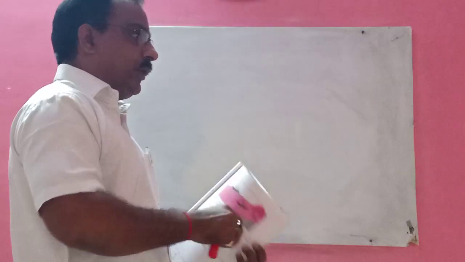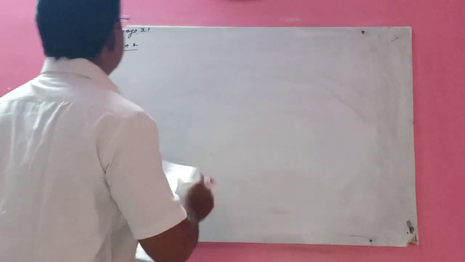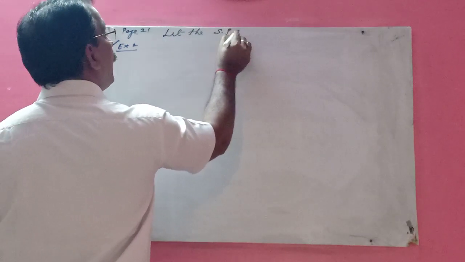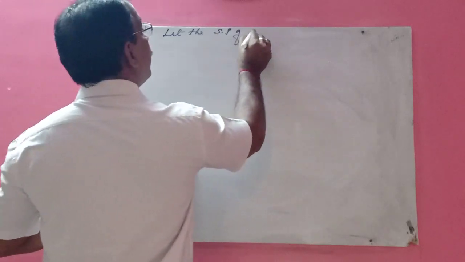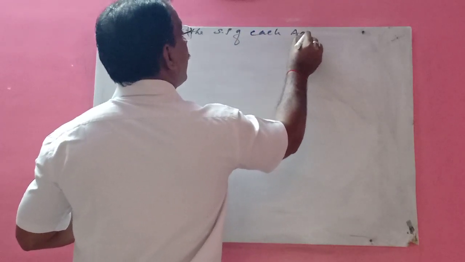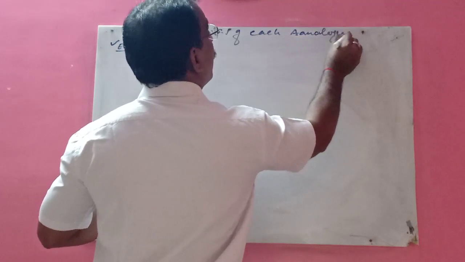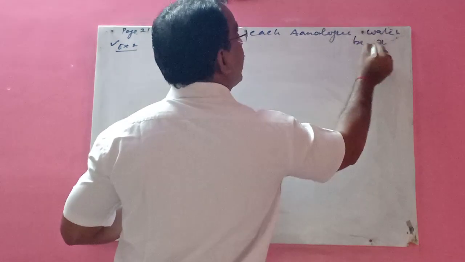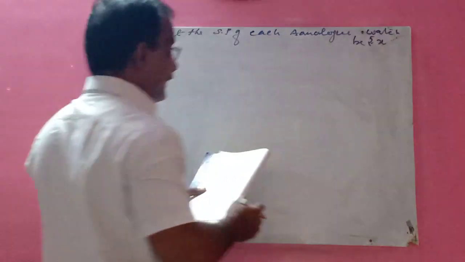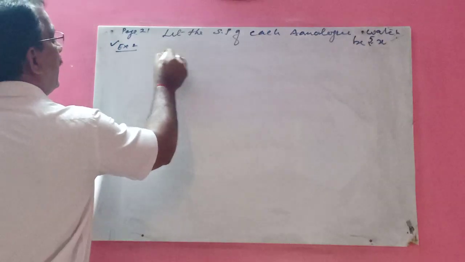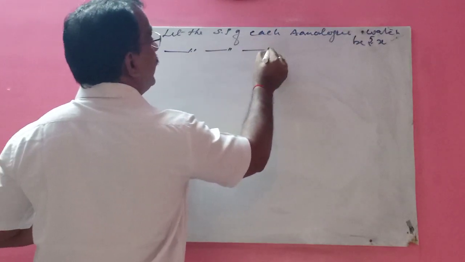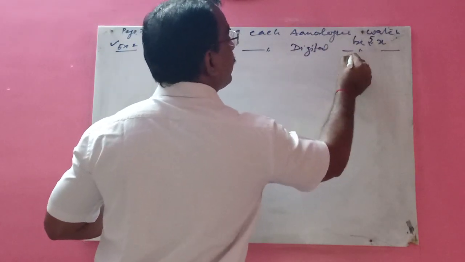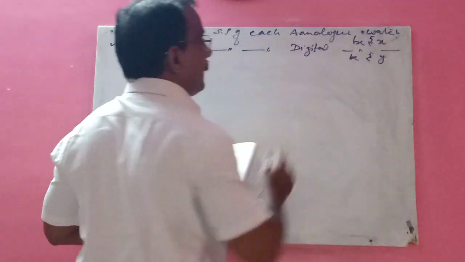Let the selling price of each analog watch be rupees X. Similarly, let the selling price of each digital wrist watch be rupees Y.